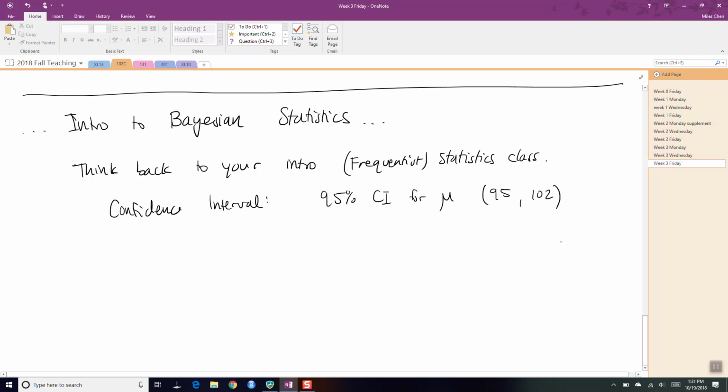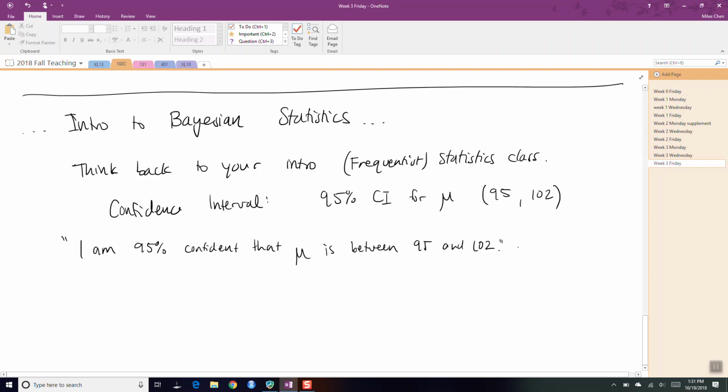What is the correct statement we make about mu? We would start off with something like, I am 95% confident that mu is between 95 and 102.